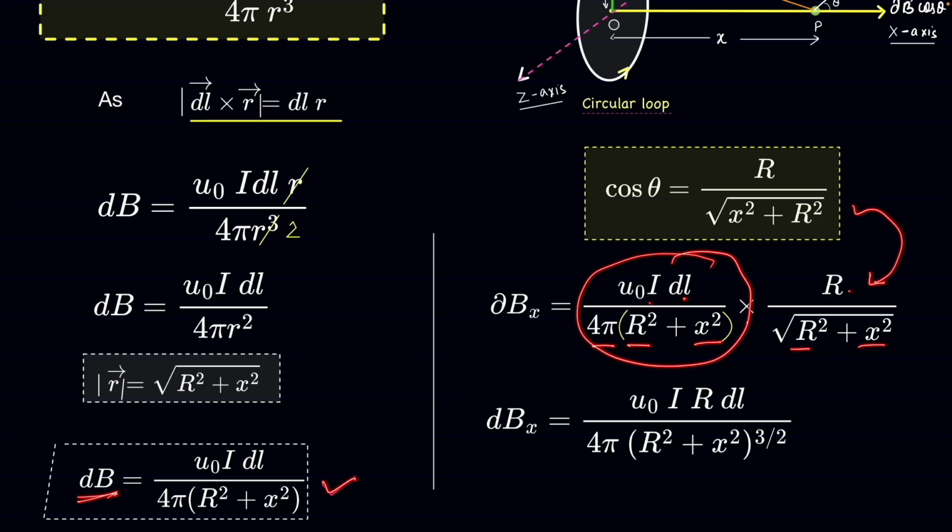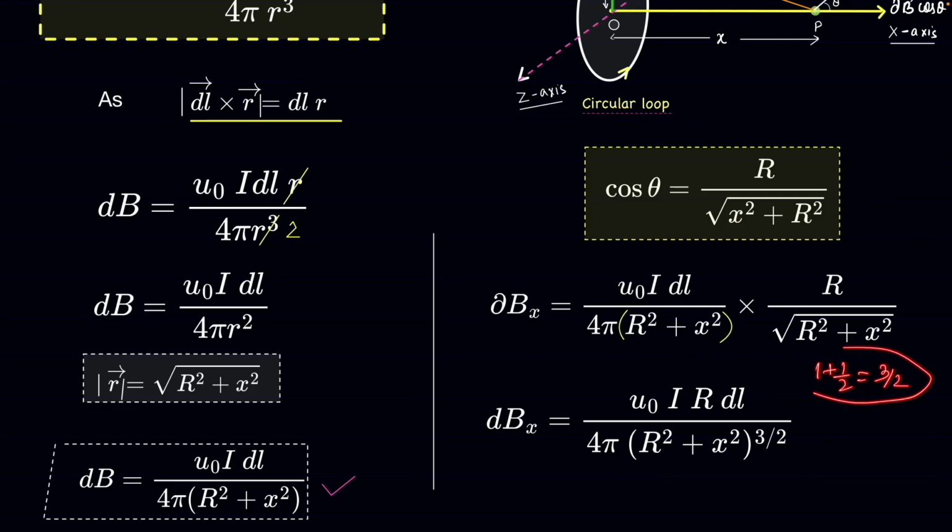Now further solving, we get mu naught I R dl divided by 4 pi, and (R square plus x square) times (R square plus x square) to the power 1 by 2. Based on the exponent rule, 1 plus 1 by 2 is equal to 3 by 2, which means if we add the two powers, it will be 3 by 2. So we got the magnetic field along a small part of the circle, which is dl.